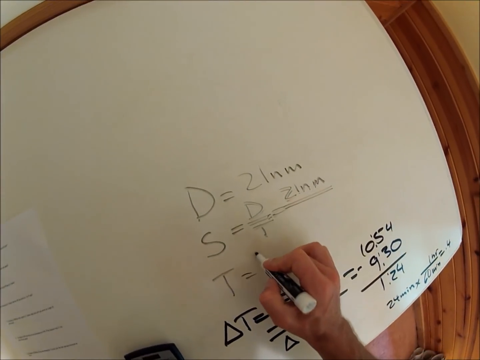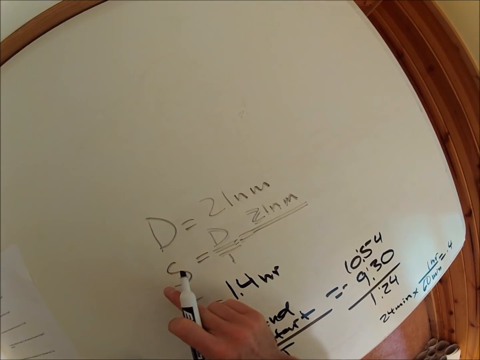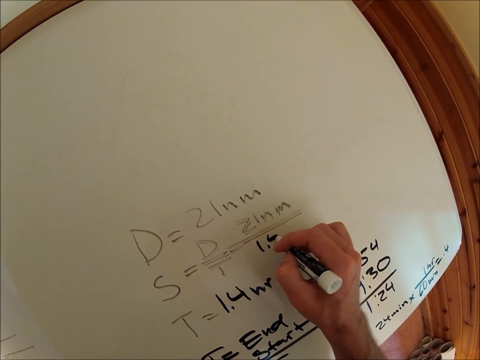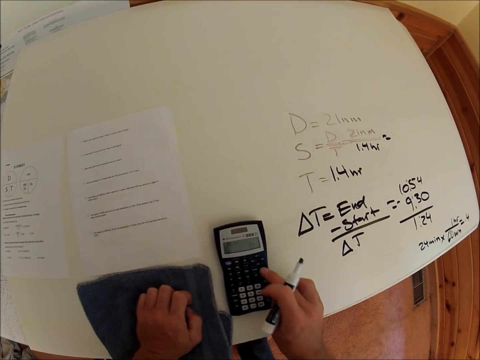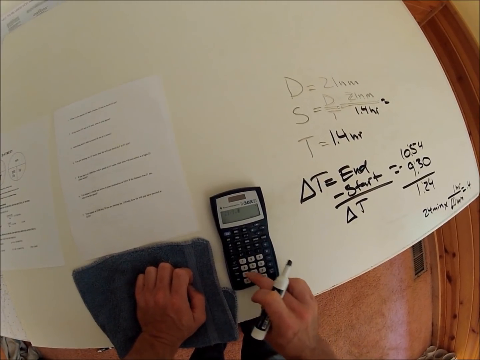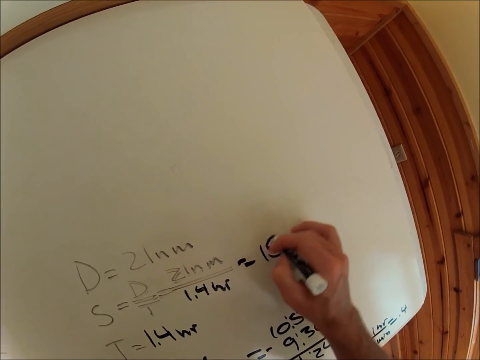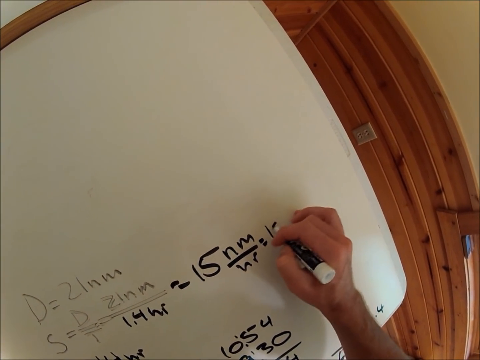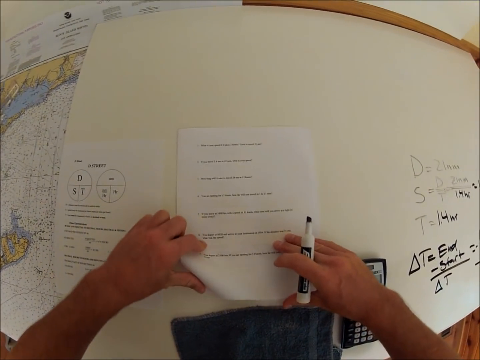So time was 1.4 hours. So speed equals distance over time, 21 nautical miles divided by 1.4 hours, is equal to 15 nautical miles per hour, or 15 knots. Let's check that for 6.